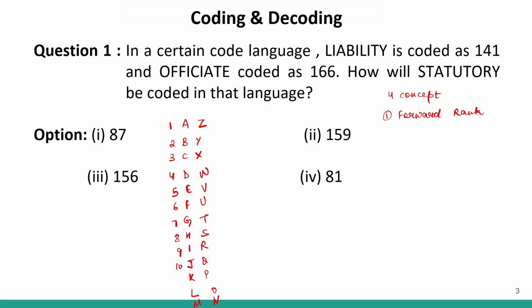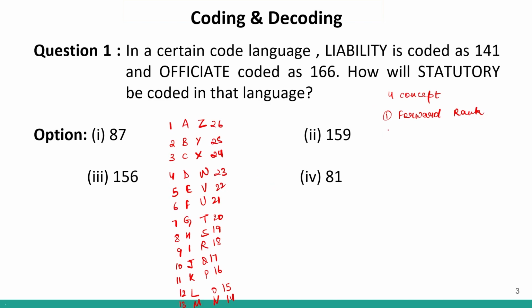Correct? When I assign them numbers up till 26, this is called forward rank. These are your forward ranks.